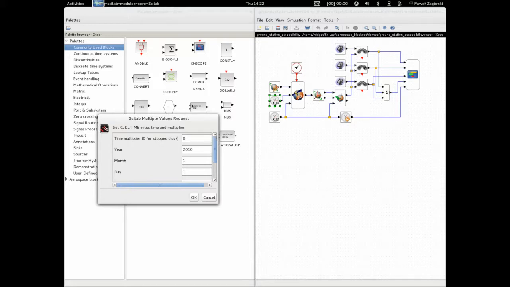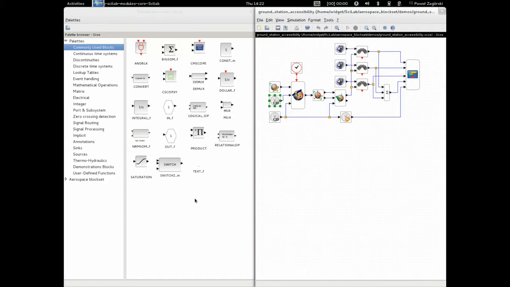This block allows for generating a modified Julian date since 1950 from a regular calendar date, which is very convenient for the user. And this particular block has its time multiplier set to 0, which means that its value will not change during the simulation. This is a clock that is stopped.